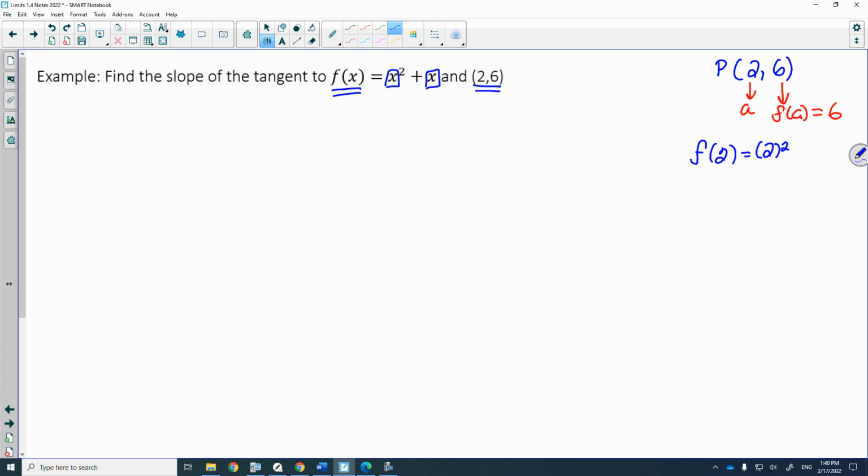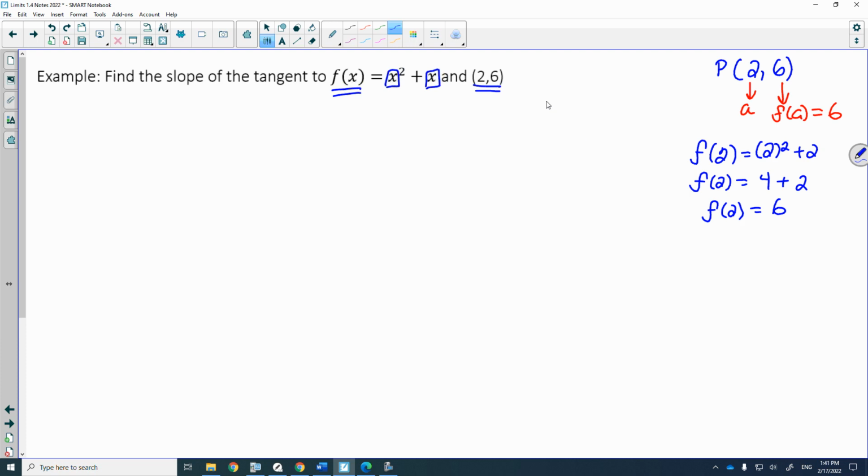So 2 squared plus 2. The f of 2 is equal to 4 plus 2, and f at 2 is 6. So on this point here, the x value, which is a, is 2, and our y value is 6, and that's going to be our f of a.